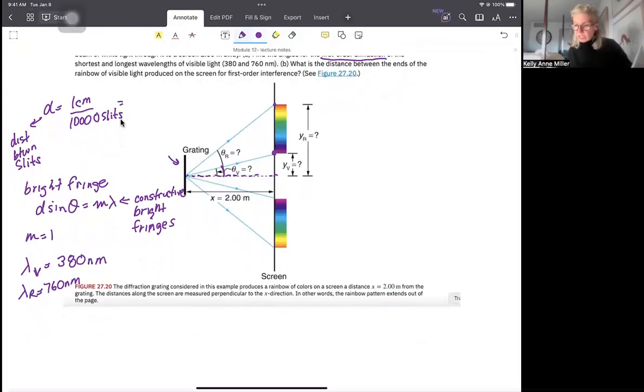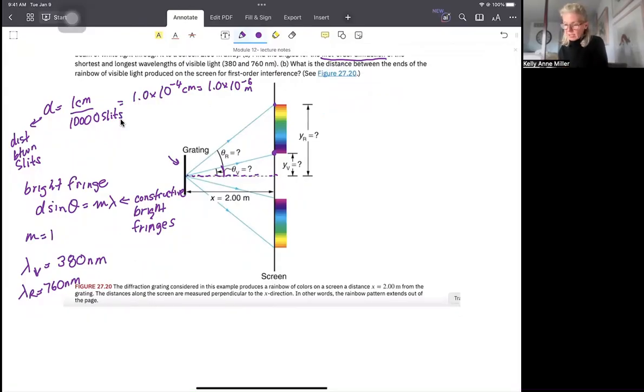What's the distance between the slits? I need to divide 1 centimeter by 10,000. So I'm going to get 1 times 10 to the negative 4 centimeters, which is the same as 1 times 10 to the negative 6 meters. Okay, so that's d.